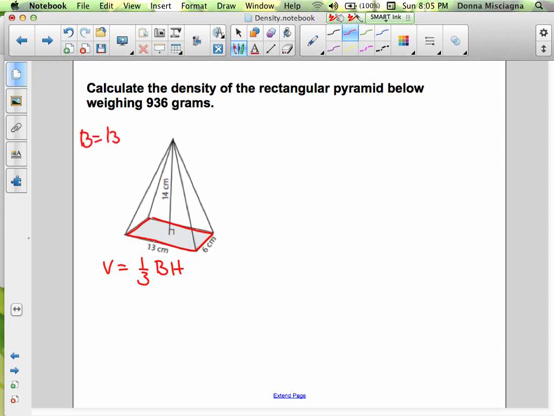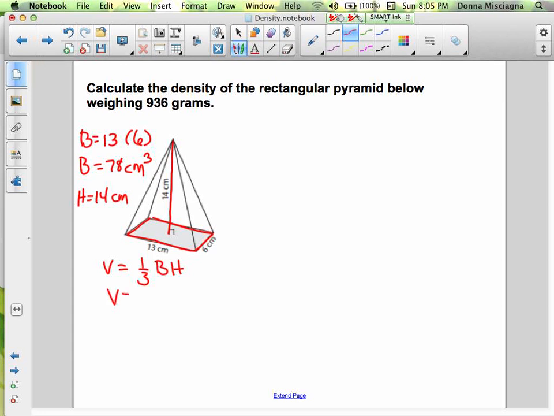So that's 13 times 6. My 13 looks like a B. So the base is going to be 60 plus 18, so that's 78 centimeters squared. The height of the pyramid is 14 centimeters. It is the distance from the base to the vertex.